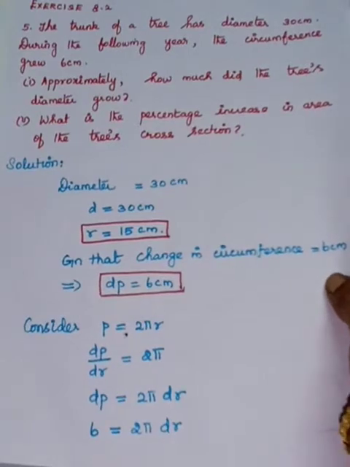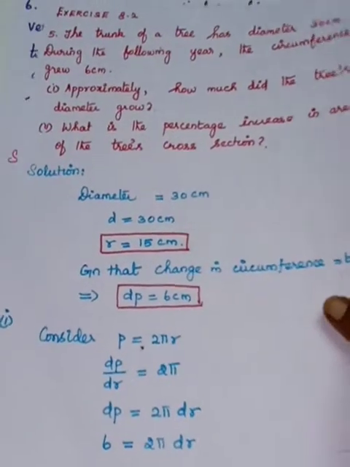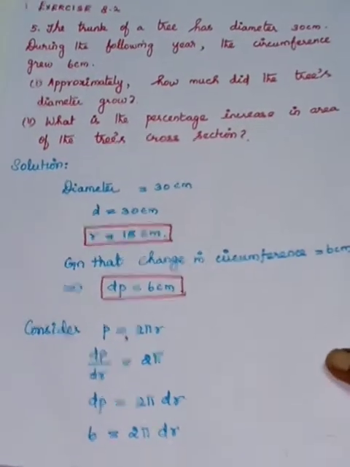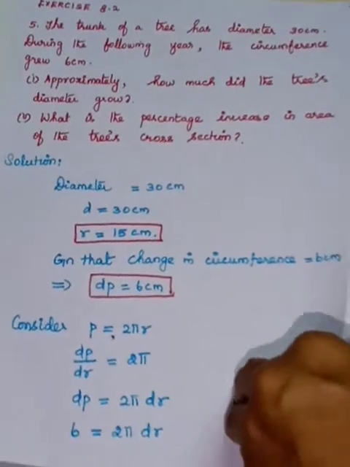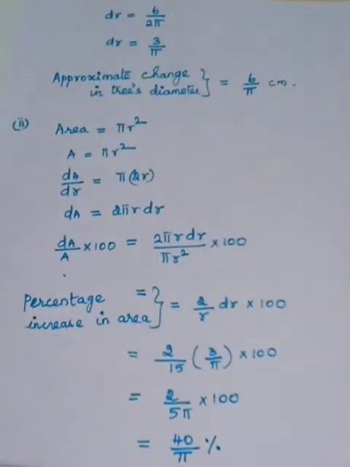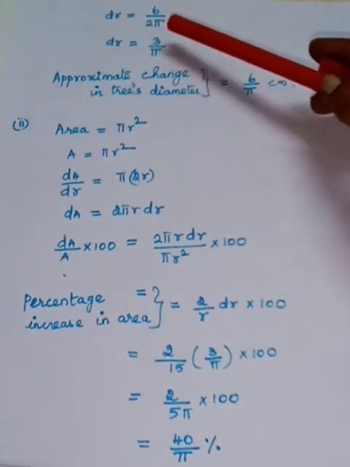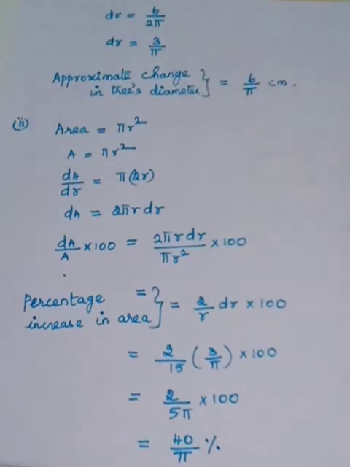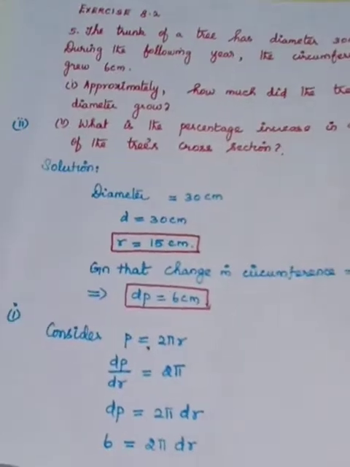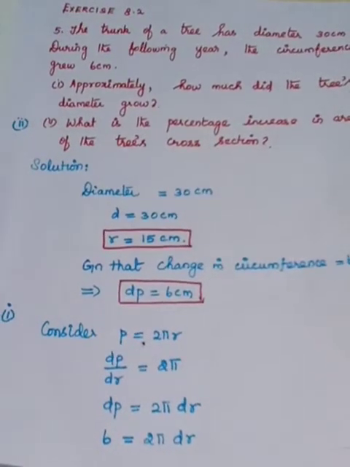Now the next step, we have to find dr. So what is dr? It is 6 by 2 pi. dr is equal to 6 by 2 pi. When you simplify 2 and 6, it is 3 by pi. But what is the question asked? Approximately how much did the tree's diameter grow?